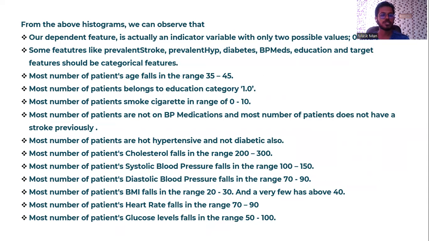Most patients are not on BP medication, most have not had a stroke previously, and most are not hypertensive and not diabetic. Most patients' cholesterol falls in the range of 200 to 300.